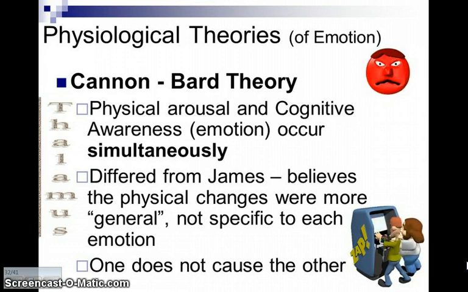It also sends a signal out to our frontal lobes, which is basically our cognitive awareness of what's going on. And then our physiological reactions are also occurring at the same time. So they say that one does not necessarily cause the other, that they all occur essentially at the same time. Now, that's the Cannon-Bard theory.